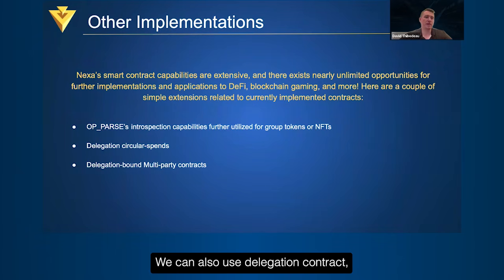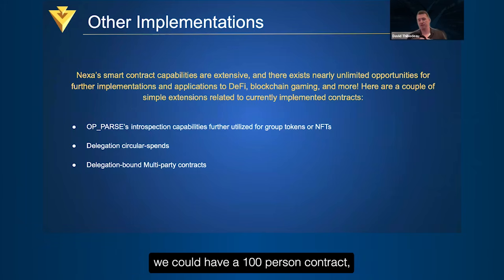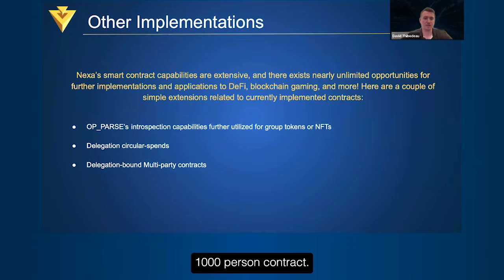We can also use delegation contract, which will bind multiple parties into a contract. Instead of a two-person contract, we could have 100-person contract, 1,000-person contract. We're also going to continue to push the capabilities of OP_PARSE to be able to do more things with group tokens.